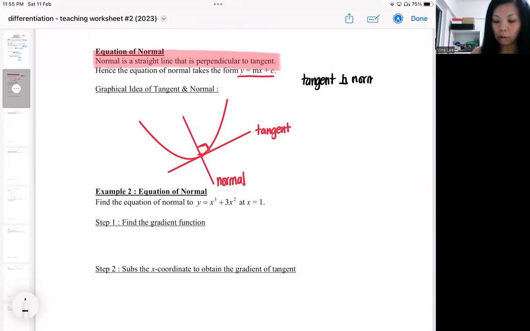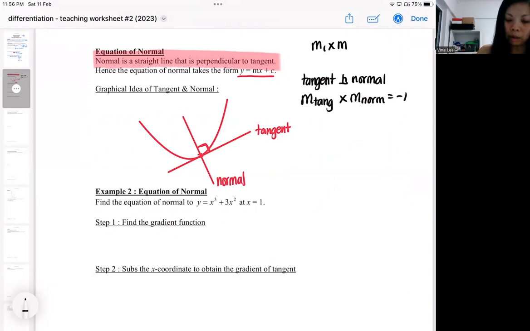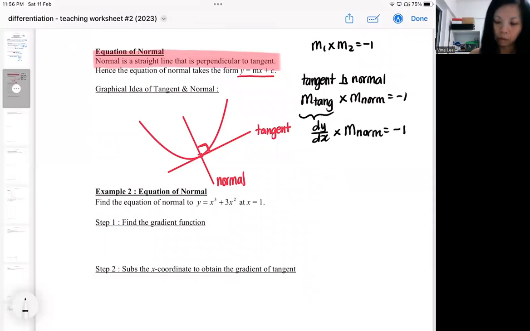If you recall your coordinate geometry, there's a formula for perpendicular line gradients. In coordinate geometry, it was m1 times m2 equal to -1. That is the formula responsible for perpendicular gradients. Right now we also have this, and this part will be dy/dx.